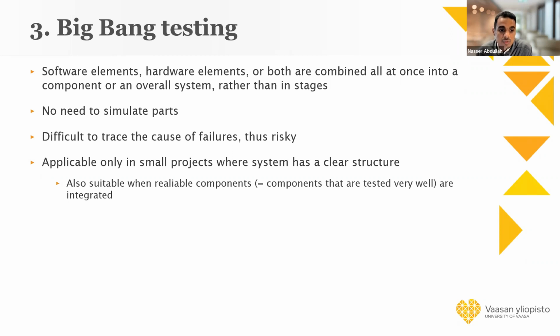It can be used for small systems, that is okay, but if you go for a big system, we have the problem of locating the defect. Later we cannot locate the defect. Here we don't have to use the stub or the driver, because we test the whole system together.